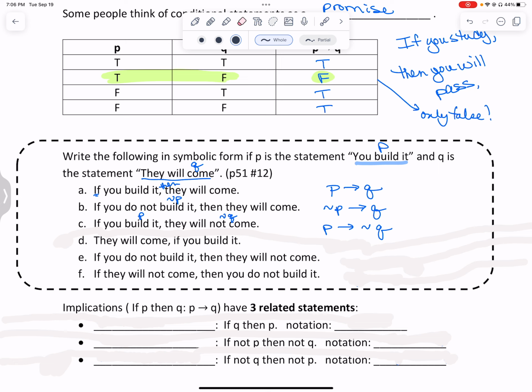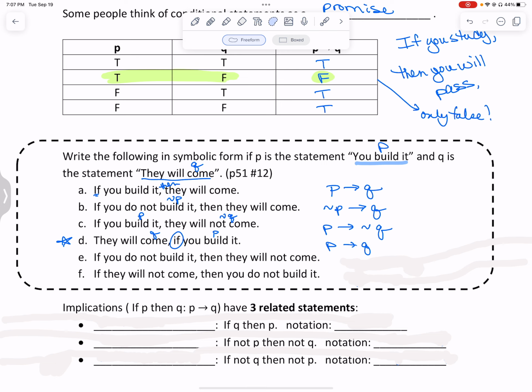They will come if you build it. Do you notice that the if came second? But that doesn't mean that we have to write it second. We could say if you build it, they will come. So notice A and D are exactly the same.